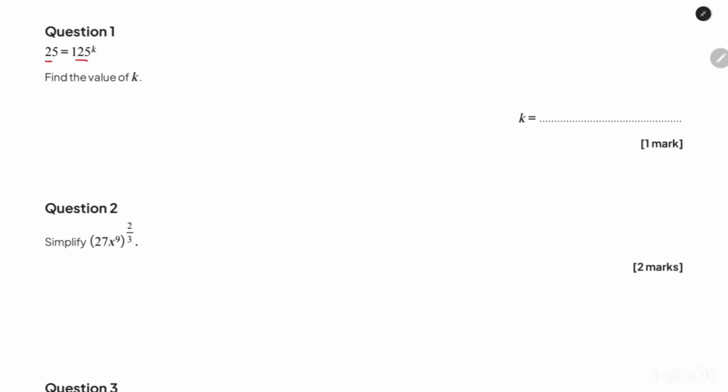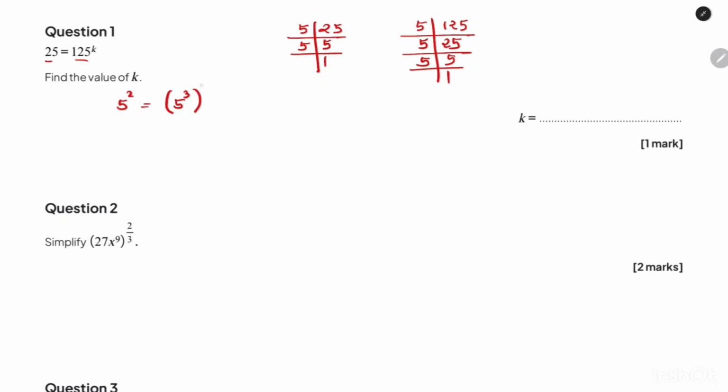Let's prime factorize both of them. So 25's prime factorization is just 5 raised to 2, right? And 125's prime factorization is 5 raised to 3. So this 25 can be written as 5 raised to 2 and 125 can be written as 5 raised to 3, but on the right hand side it is 125 raised to k.